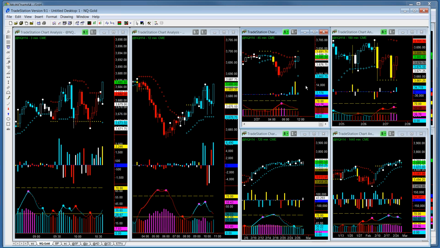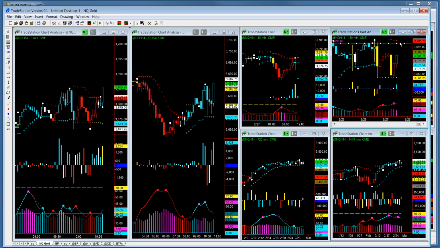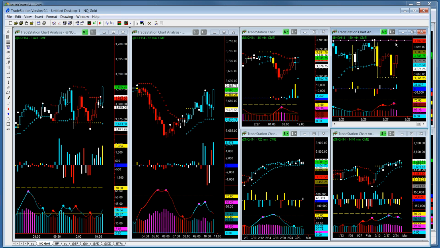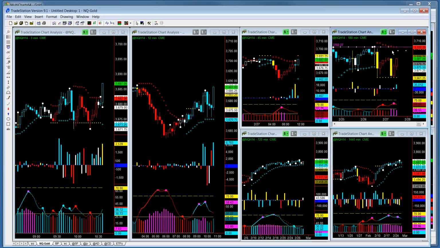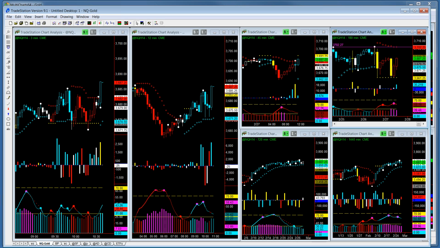Is it going to be a trend trade? No. Because right up above you, right here at 3701, and this is going to pull down towards price, you can hit resistance. It makes absolutely no sense to me for me to try to trend trade that. Does everybody understand that?